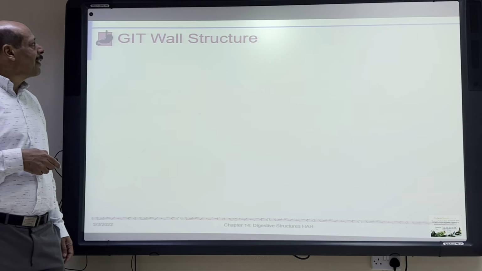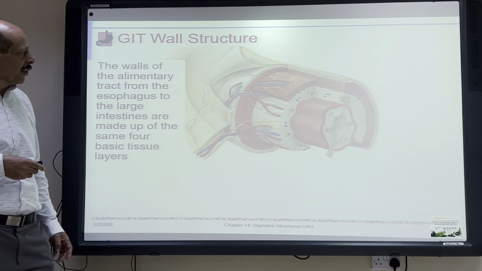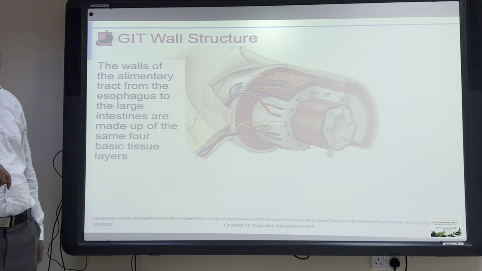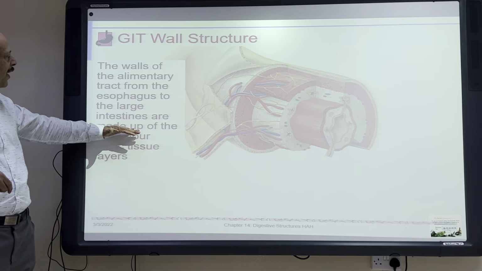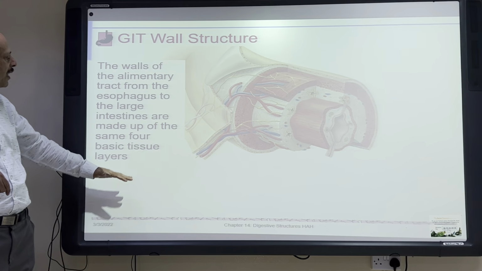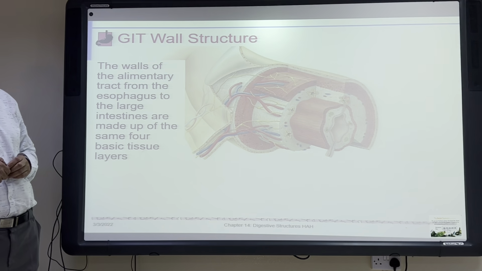About the GI tract wall structure, mostly all the wall of the alimentary tract or the GI tract, from the esophagus to the large intestine, is made up of the same four basic layers of tissues.